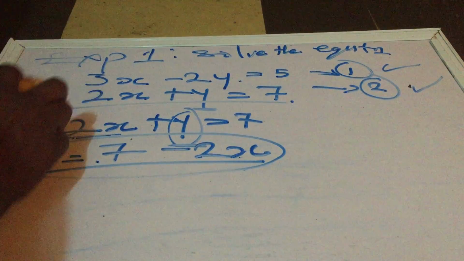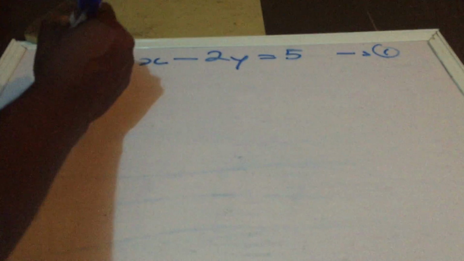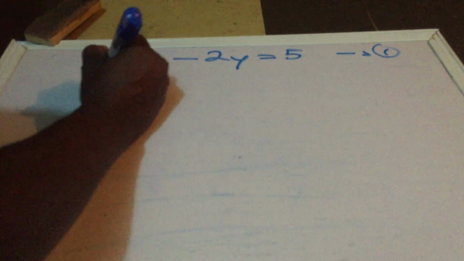I want to put y is equal to 7 minus 2x into this equation. How? Watch me and see. Now we are using equation 1 to substitute. Equation 1 says 3x minus 2y is equal to 5. Then I want to substitute y is equal to 7 minus 2x into this equation.